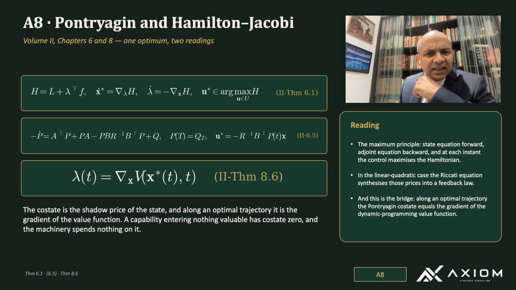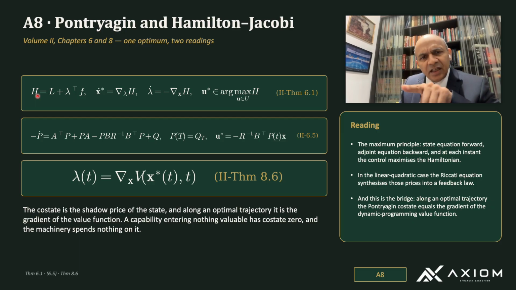Theorem 8.6, along an optimal trajectory, the Pontryagin costate equals the gradient of the dynamic programming value function. So the first equation is the Pontryagin maximum principle, and the Hamiltonian H over here combines the current period objective L with the future value of changing the state measured by the costate lambda.